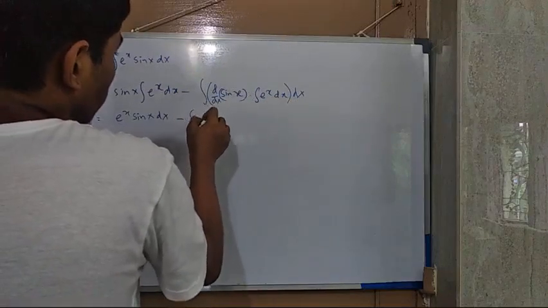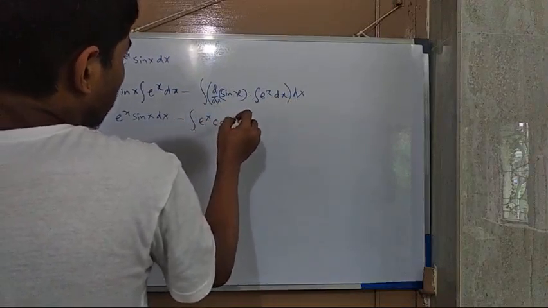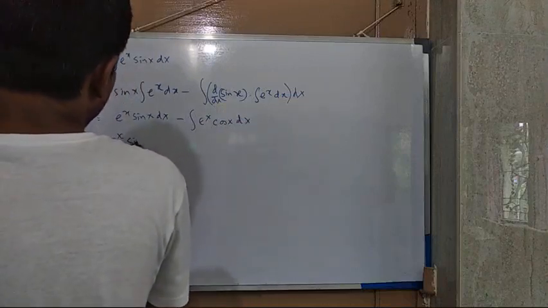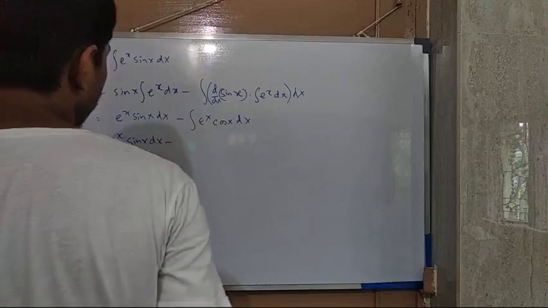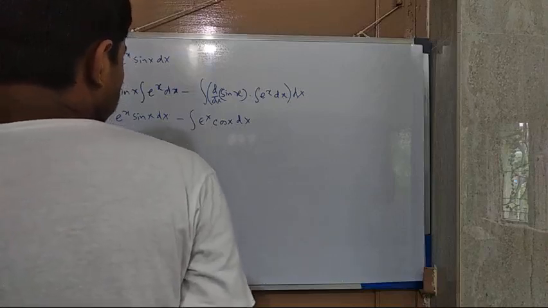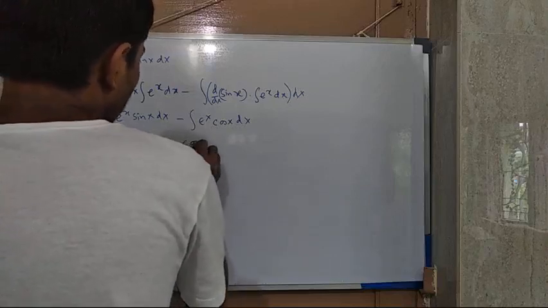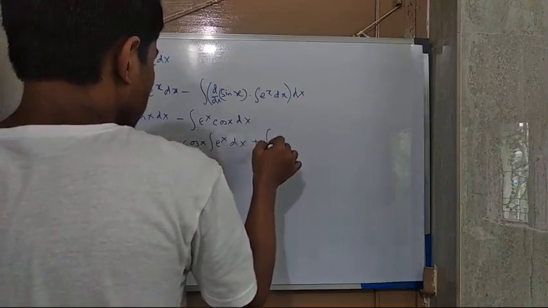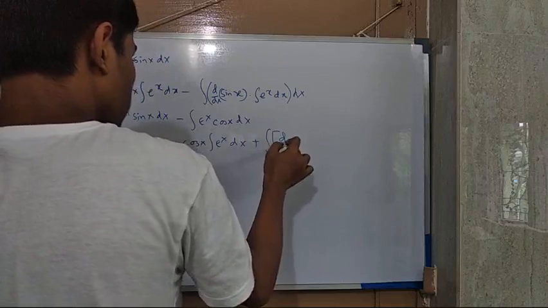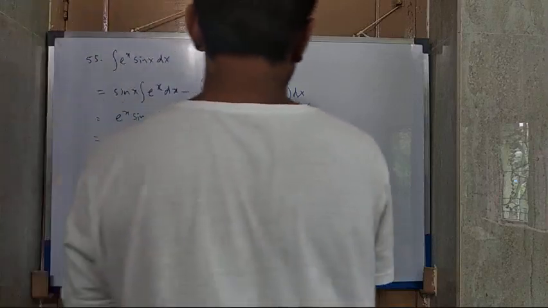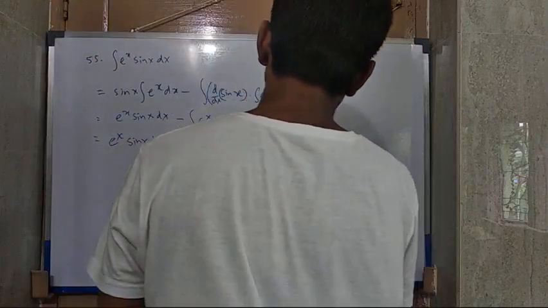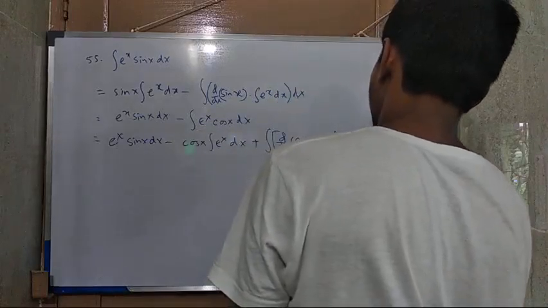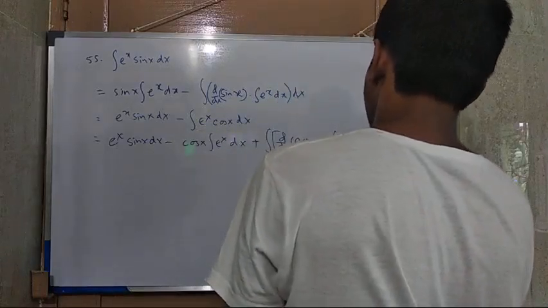So this is e to the power x sin x minus cosine of x integral e to the power x dx plus integral of d/dx of cosine of x times integral of e to the power x dx times dx.